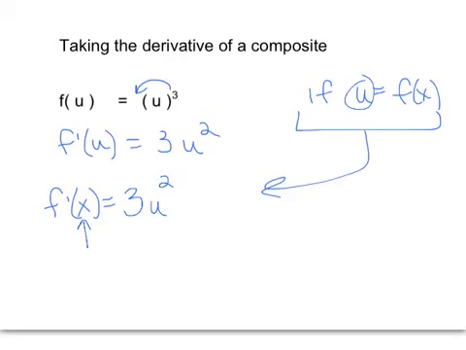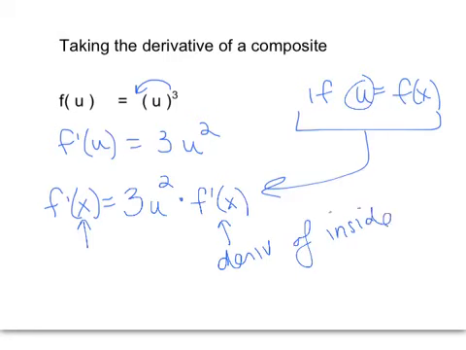It'll reduce the exponent by 1. But then you're going to tack on the derivative of the inside function. You're going to add a link, like a chain link. You're going to add another link in a chain. That's why it's called the chain rule, and it is the derivative of the inside function. So the derivative would be 3 times the original inside function squared, times f prime of x.